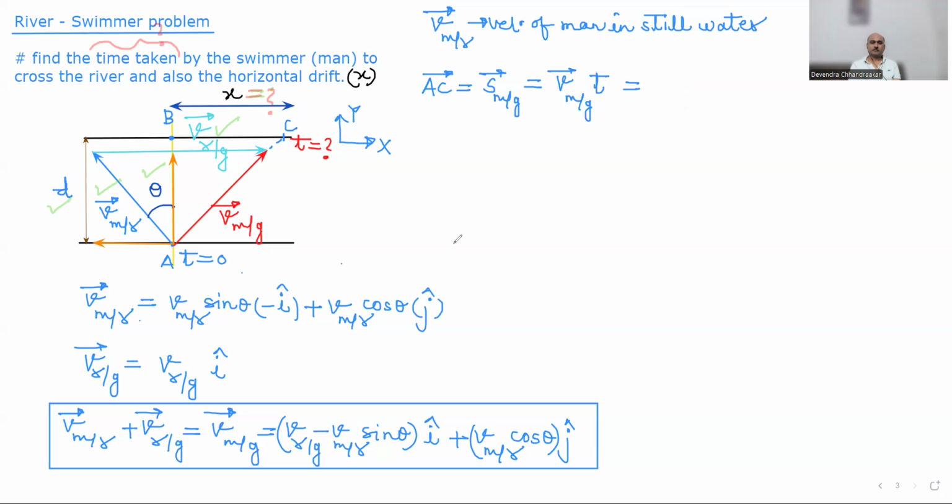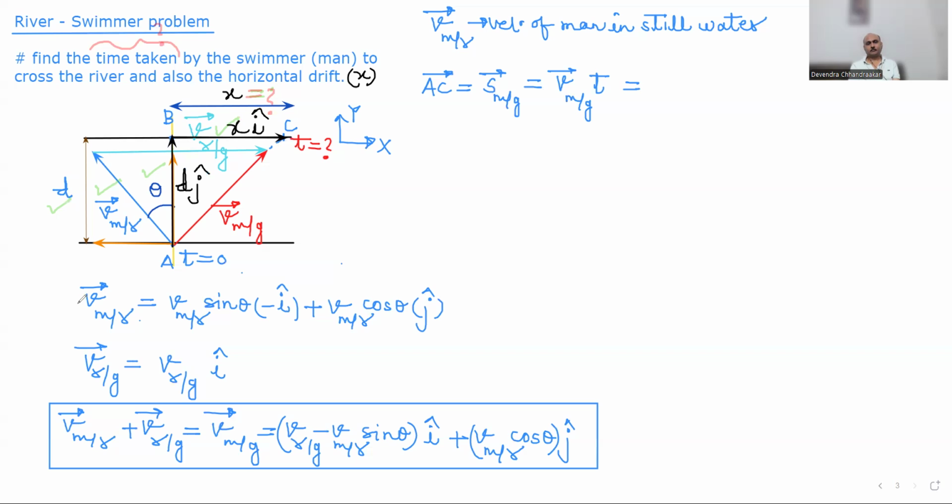Yes sir, it's velocity into time, displacement. Now, can we write this also as d j cap plus x i cap? Can I write it like this, AC vector? Yes, sir.